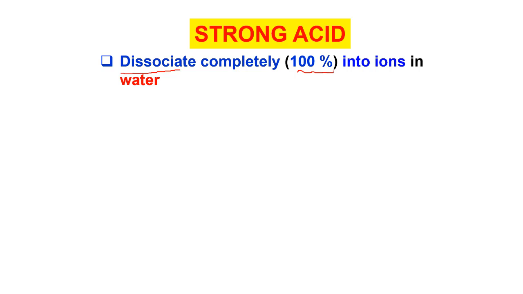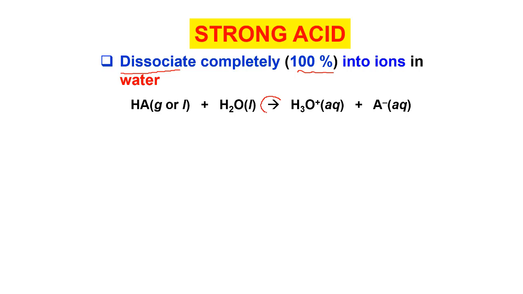Okay, for example, let's look here. Let's say I have a general equation HA, where HA is a strong acid. It can be in gas or liquid phase, it can also be. Okay, and dissociate in water. So, if a strong acid dissociates in water, we represent it with an irreversible arrow.